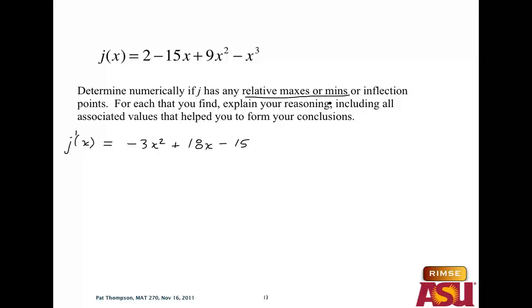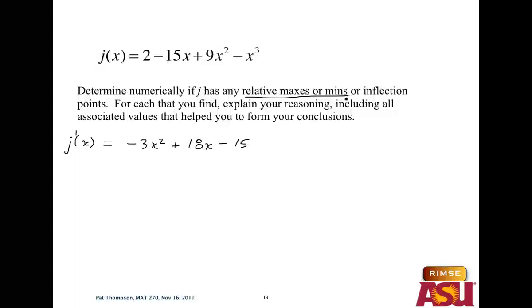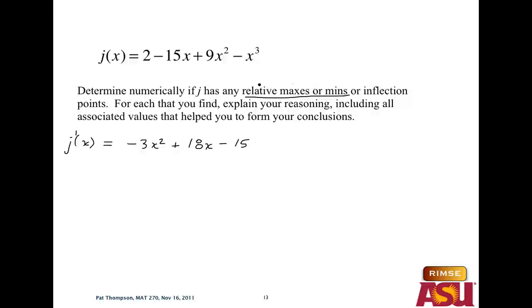Your function is set to 0, so what happens to the accumulation at a relative max or min? Pauses. And if it pauses, then what about the rate of change? 0. So we're going to look for locations where that rate of change pauses, and a pause means the rate is 0. Accumulation staying the same for a moment.